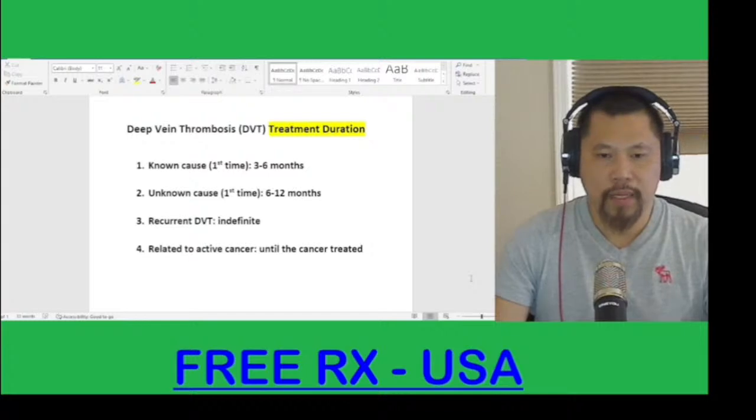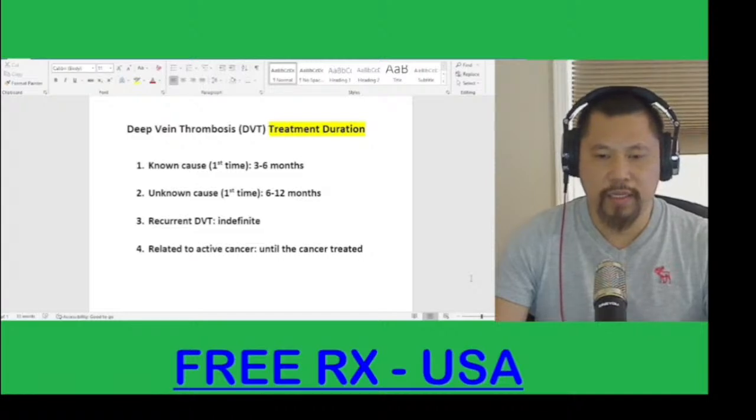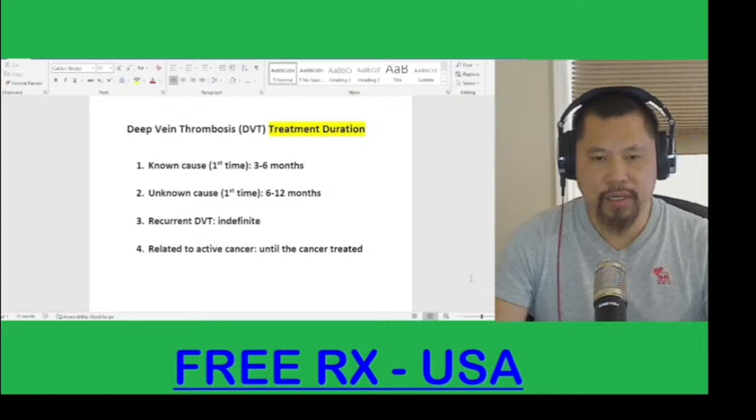If the cause of the blood clot is an active cancer, then you need to take a blood thinner medication until you no longer have cancer. This is the general information for how long you need to take a blood thinner medication.